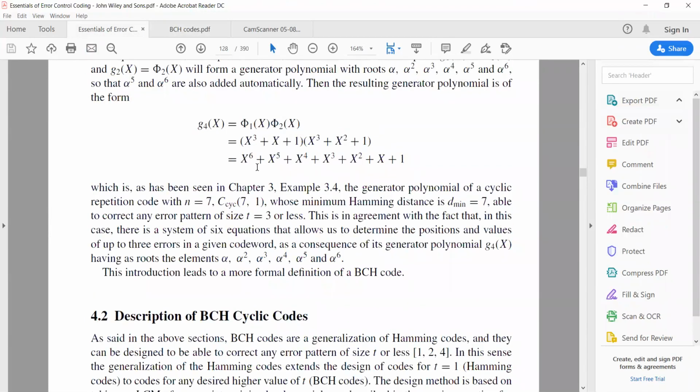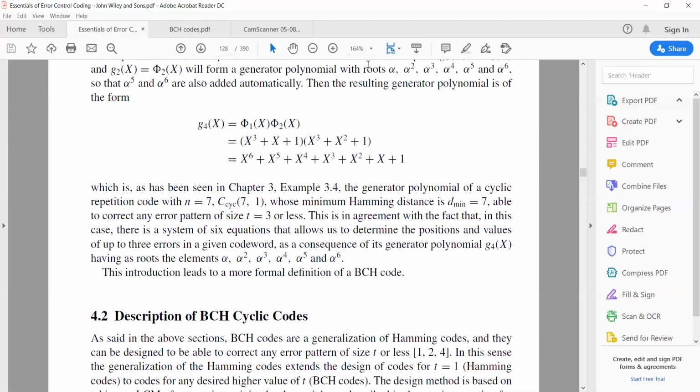Now, the required fourth equation is this. And so this is the introduction that leads to the more formal definition of the BCH code.